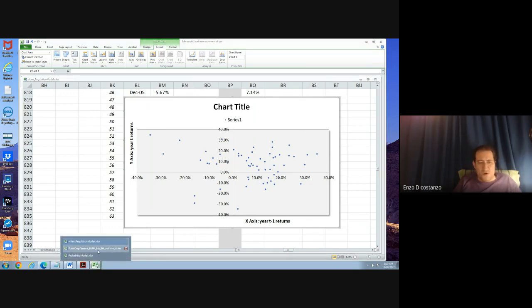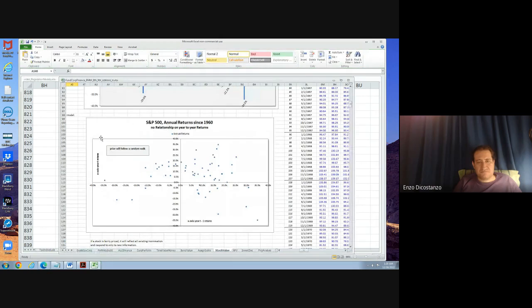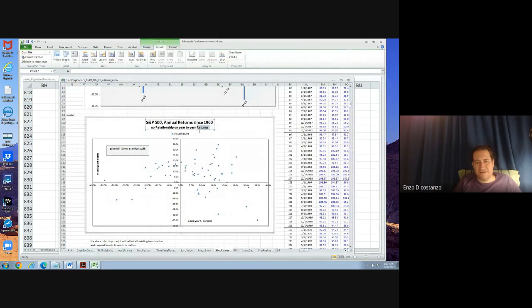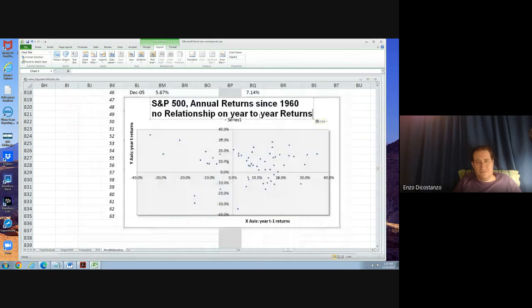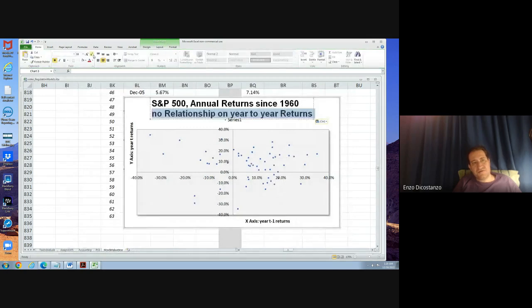But it's a random walk though. It's a random walk. And here's the conclusion. Annual returns. Bottom one is no relationship whatsoever.